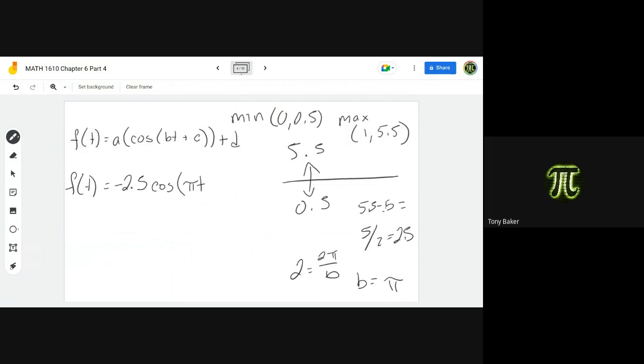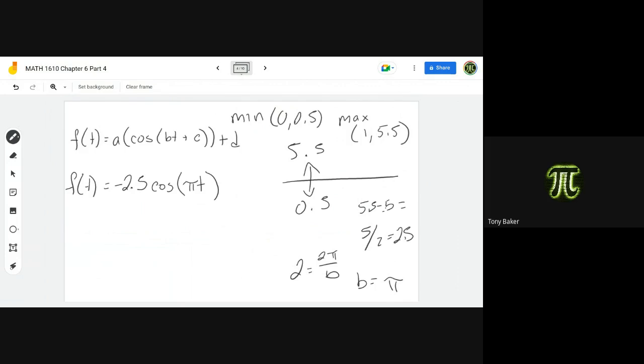My initial lowest point was at 0, so I'm not shifting horizontally. I don't have a phase shift in this problem, so C is 0. If the minimum point was shifted over, then I would have had to do a phase shift.